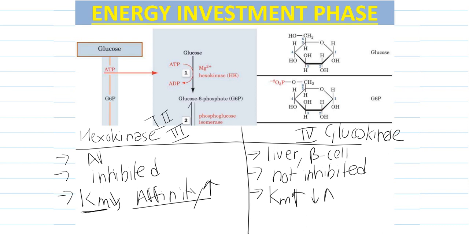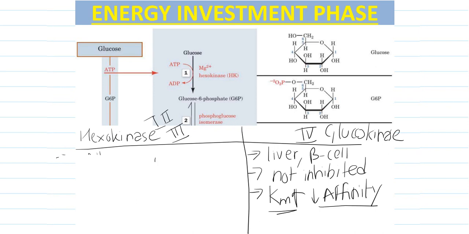High Km means there should be a higher concentration of glucose before glucokinase will act on it. The affinity of glucokinase for glucose is less. It doesn't actually want to combine with glucose until there is a higher amount of glucose, and only then will it start attaching.